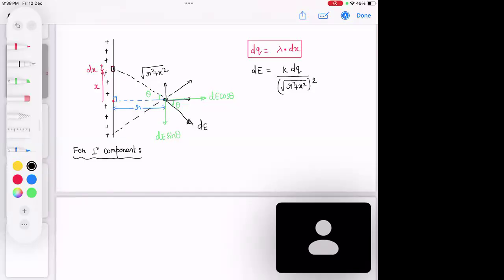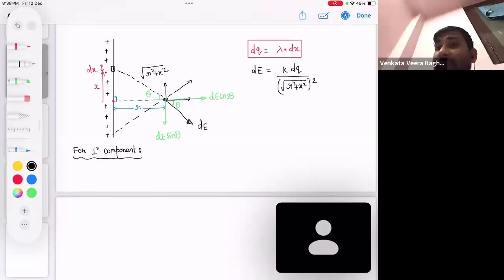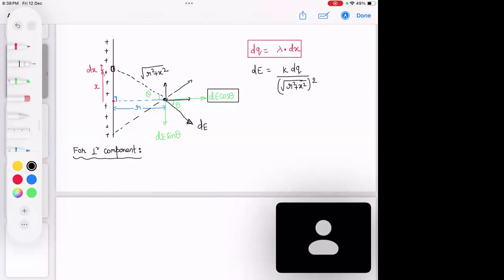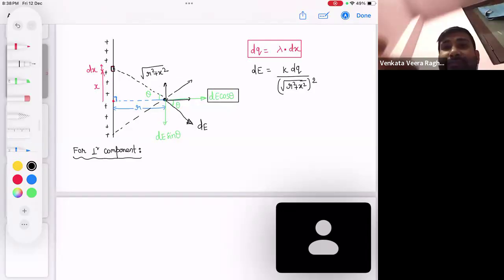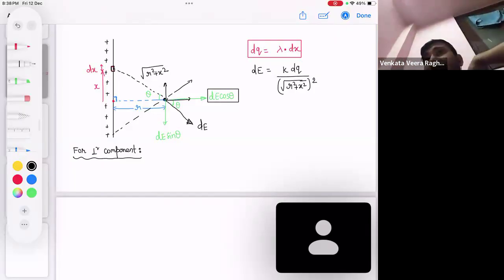Sir, perpendicular means dE cos theta. Perpendicular means perpendicular to the rod, perpendicular to the wire. Because wire can be horizontal, wire can be vertical, wire can be at some angle. So how do we decide perpendicular and parallel component?